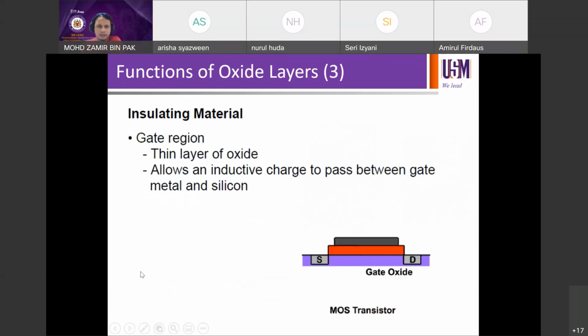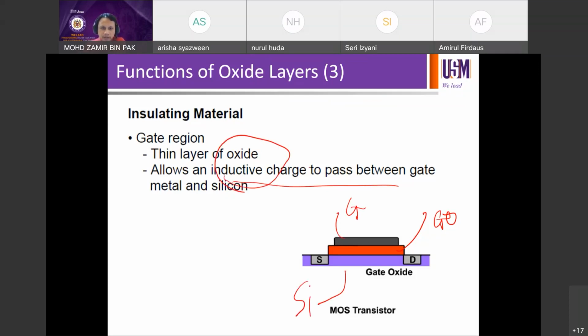Okay, the next function is as insulating material, which is as the gate ox in this case, gate ox and GO tulis. The thin layer of oxide always allows an inductive charge to pass between metal gate and silicon. Metal gate is here, the gate, the silicon is down here. So inductive charge here, meaning creating a channel. Okay, kita induce. The channel is not there, but you want to induce. Okay, creating channel.